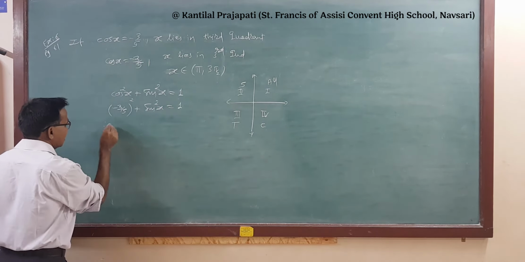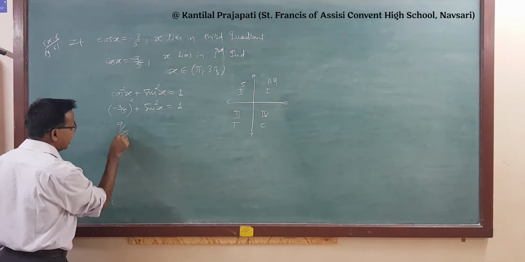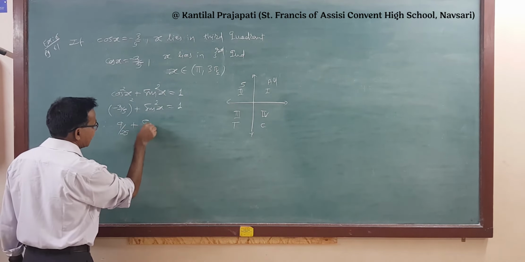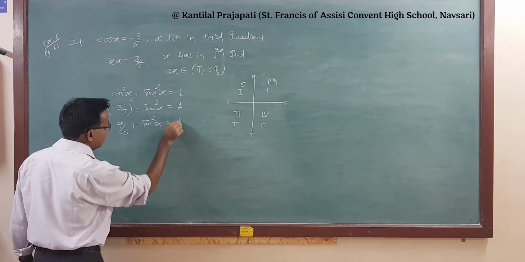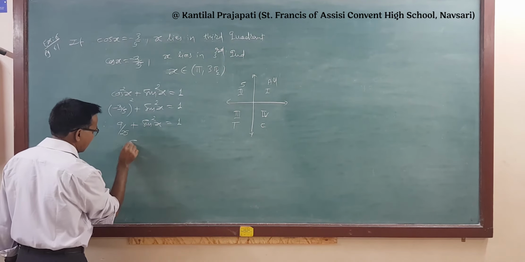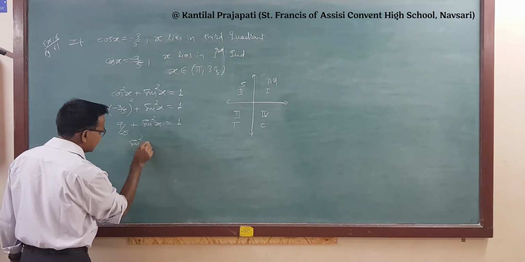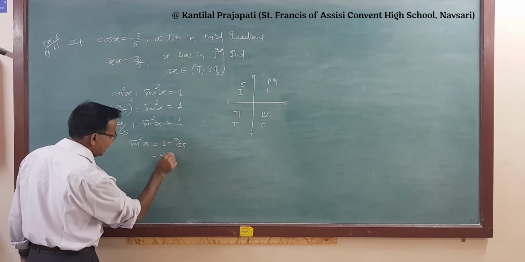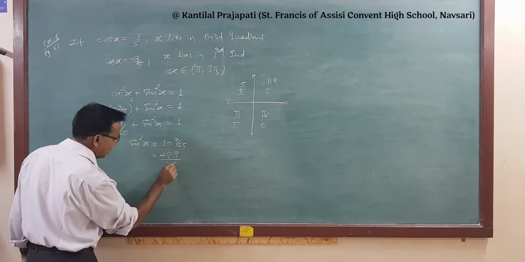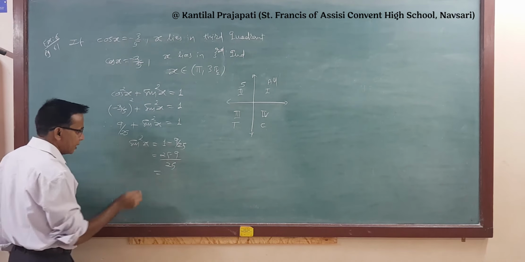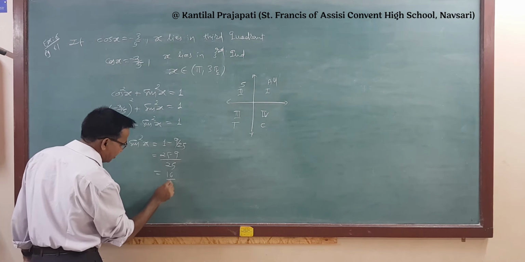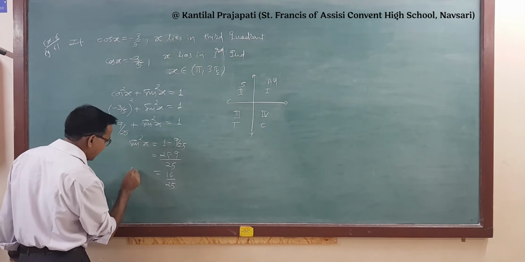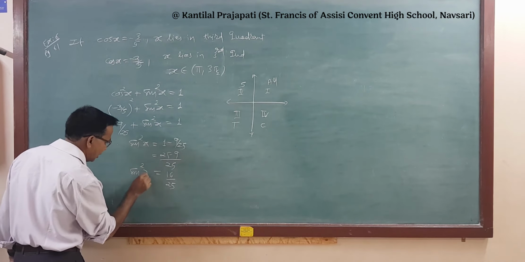Therefore, we get 9 by 25 plus sin square x is equal to 1, and therefore sin square x is equal to 1 minus 9 by 25. Take the LCM here, so 25 minus 9 by 25. 25 minus 9 is 16, so sin square x is 16 by 25.